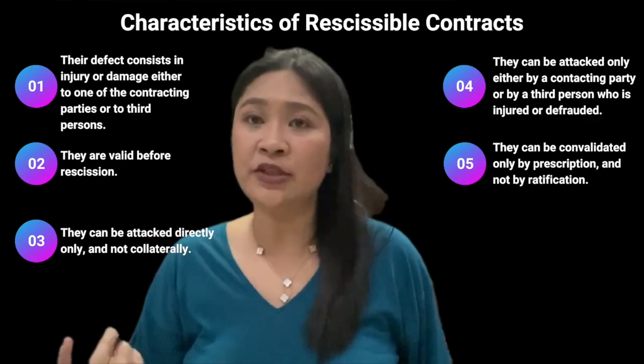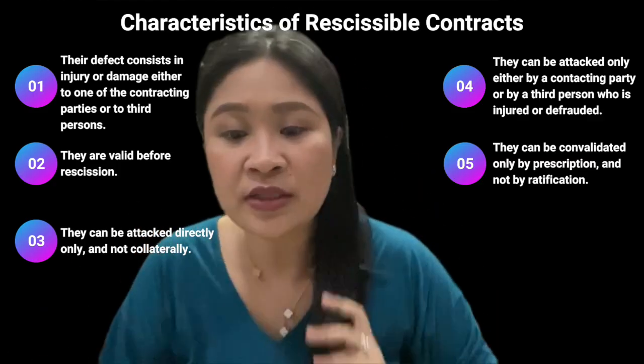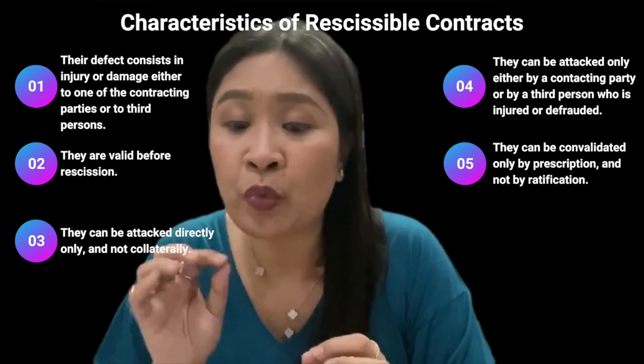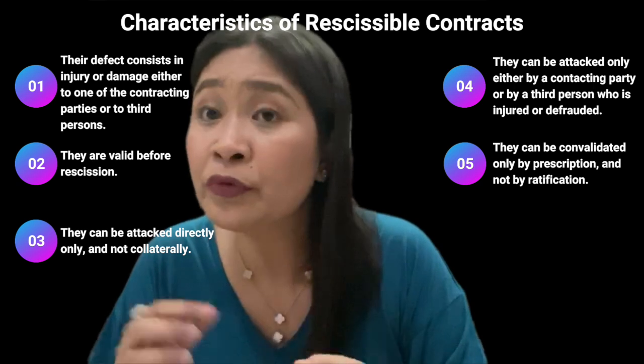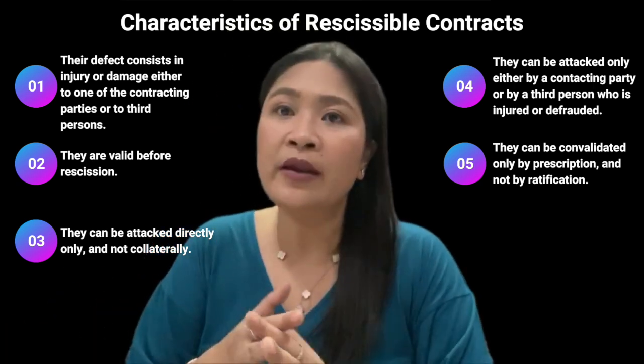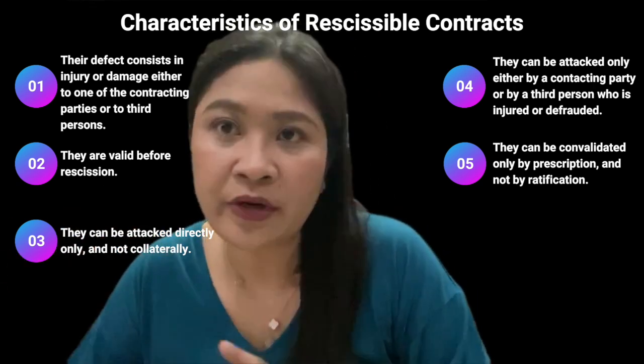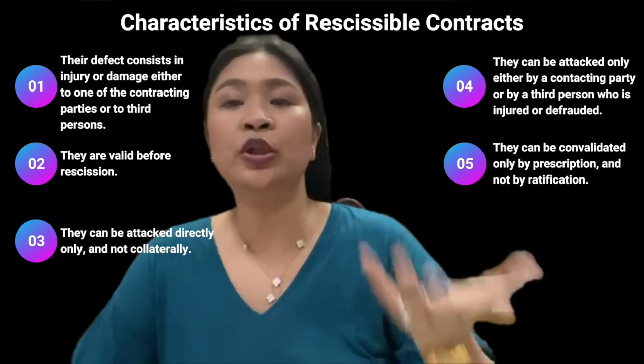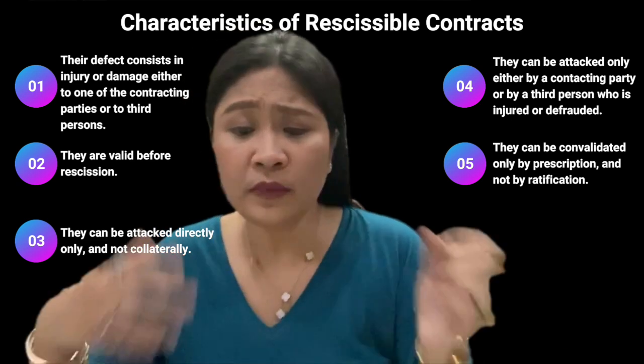through this discussion, I have already mentioned several characteristics, but let us go through them one by one. Characteristics of rescissible contracts. So first, their defect consists in injury or damage either to one of the contracting parties or to third persons, just like when the creditors, the defrauded creditors, will file an action for rescission for a contract entered into by the debtor.